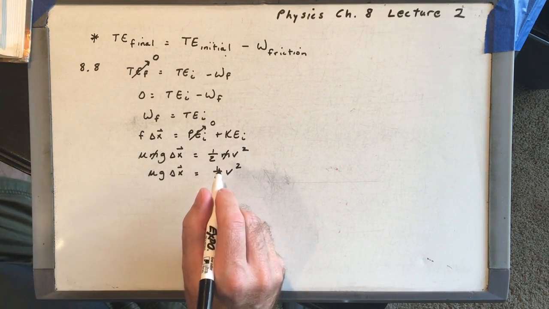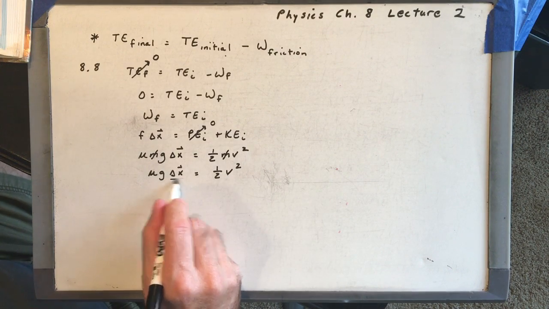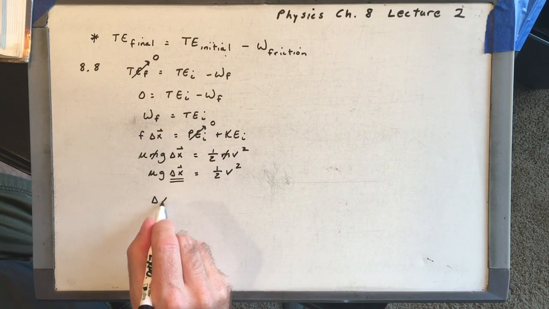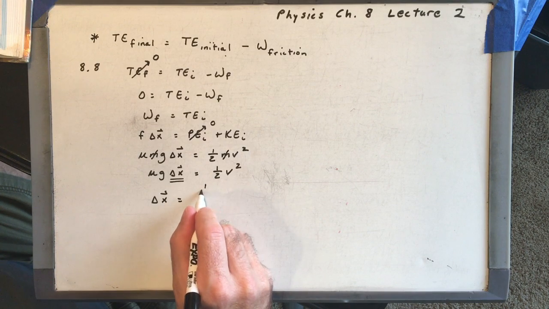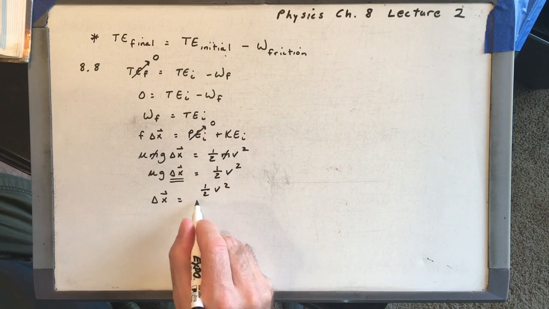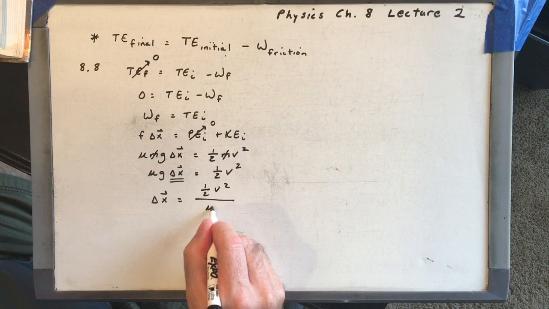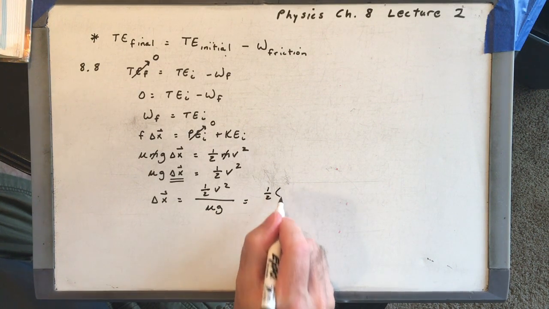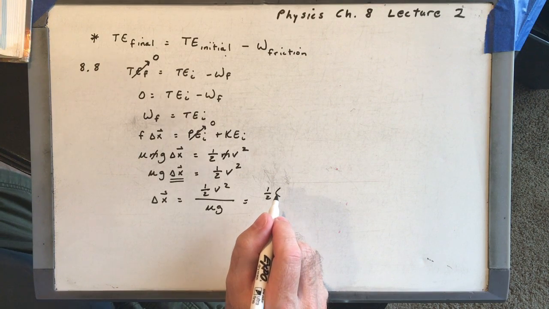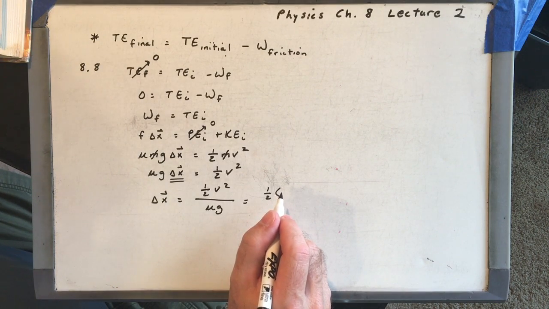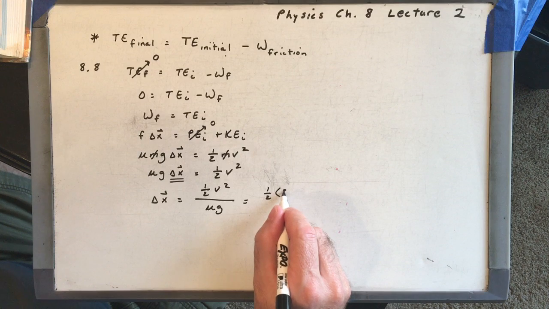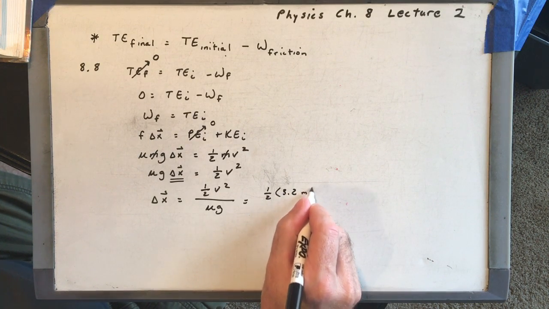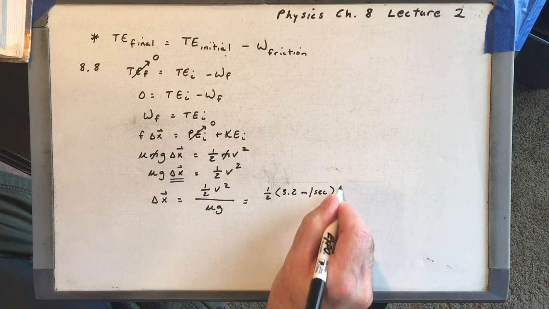All right, we are solving for delta x here. So delta x is equal to 1/2 v squared over mu g. Now we can plug some numbers in. So our velocity is 3.2. Don't forget to square it.